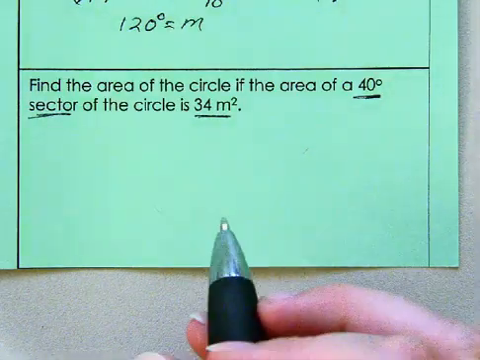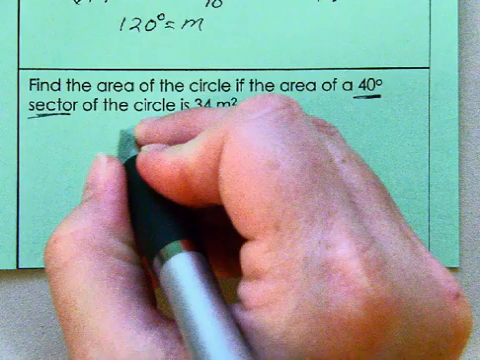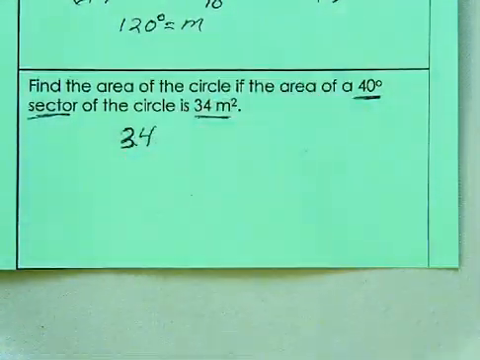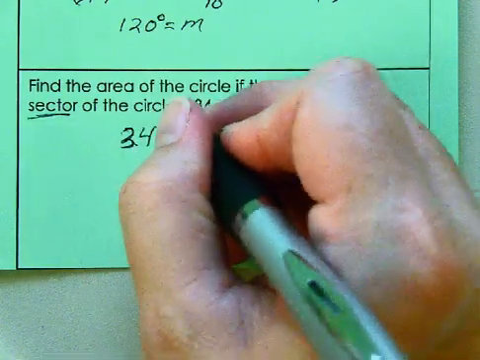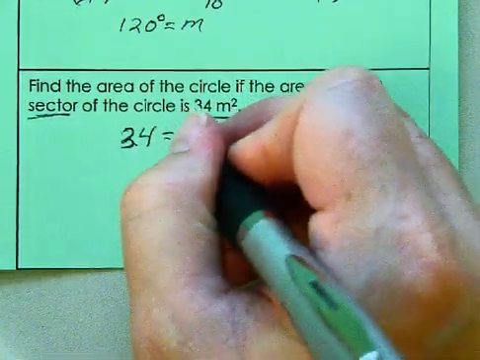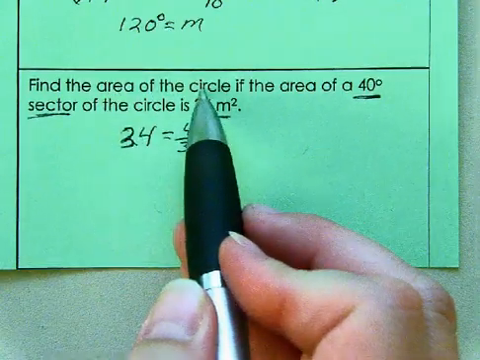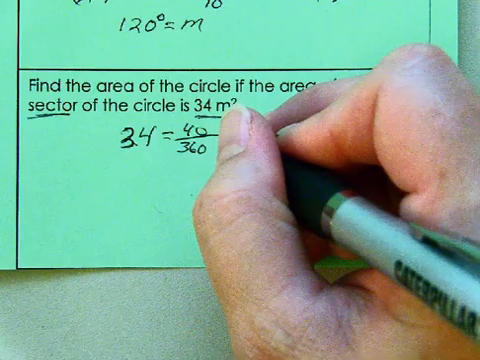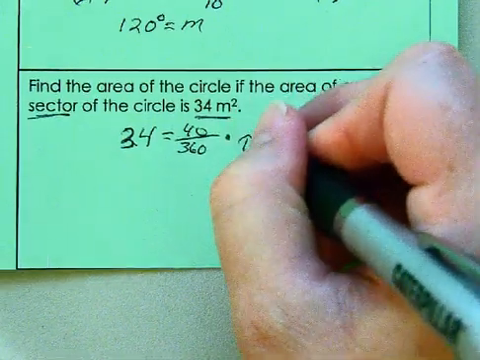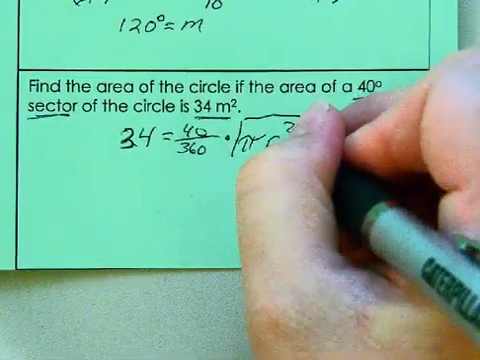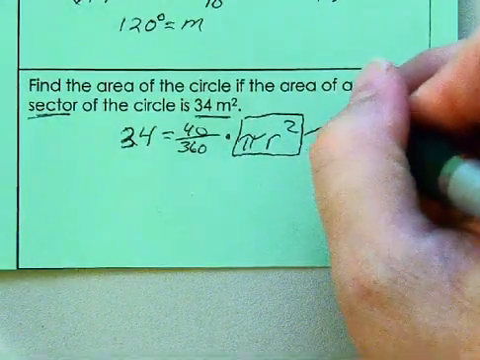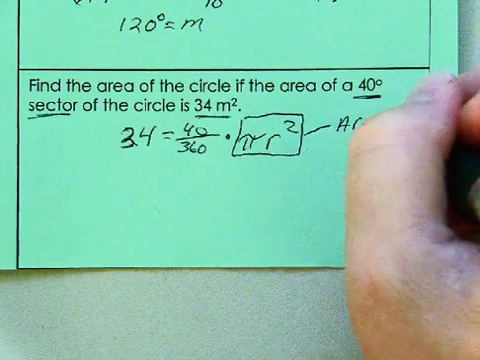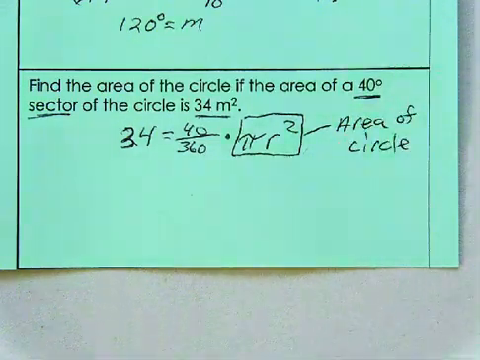So remember, the area of the sector goes on the left, so that's 34 equals 40 over 360, and we want to find the area of the circle. So remember, when we're multiplying here, we're multiplying by pi r squared, which is the area of the circle. Okay, so we want to find that whole piece.